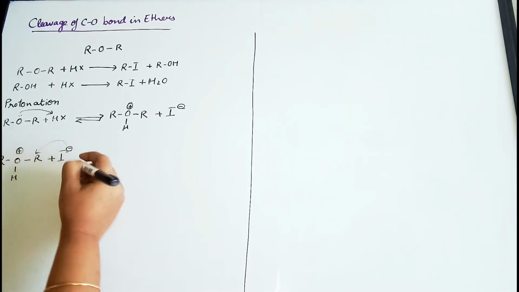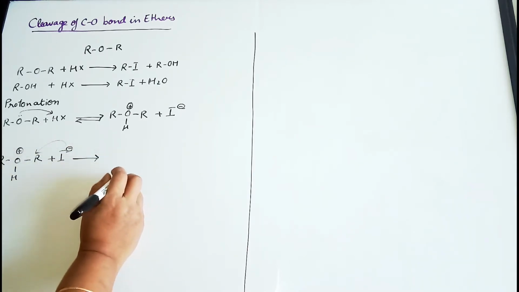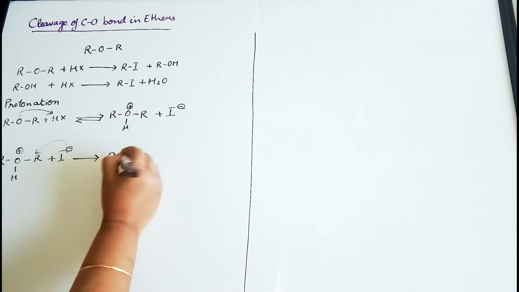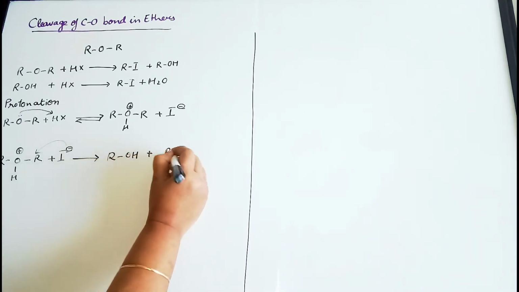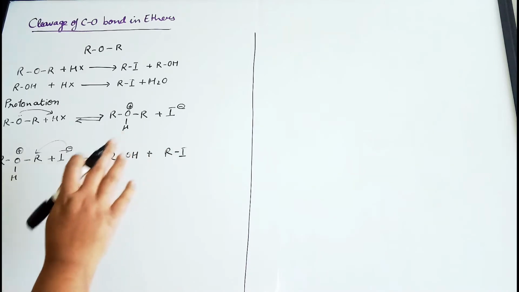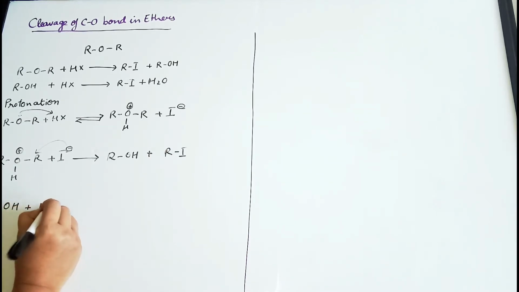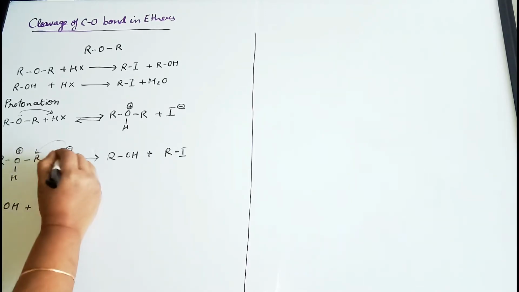So it will attack this R group, and this will lead to the formation of an ROH, okay, plus an RI. Now this ROH is further going to undergo a reaction with the HX. So what will happen? The lone pair of electrons on the oxygen, this should have been X.